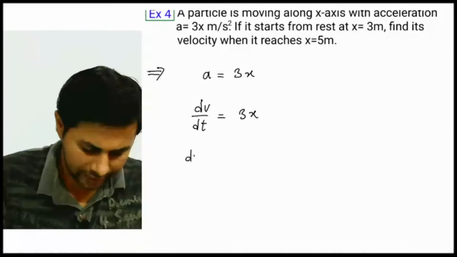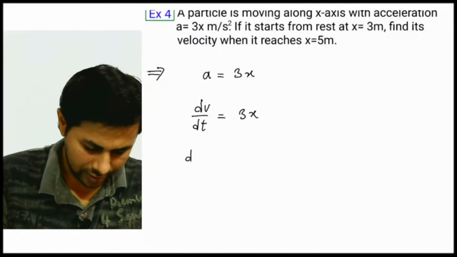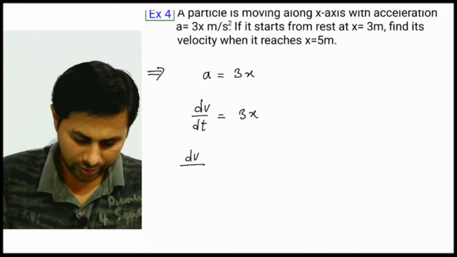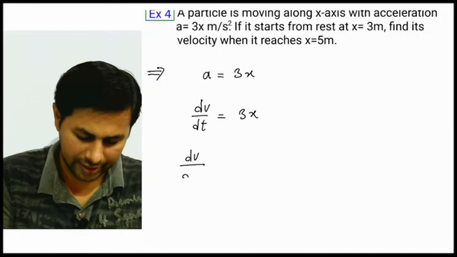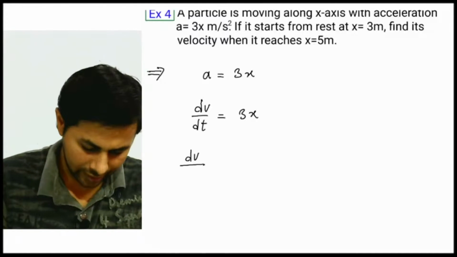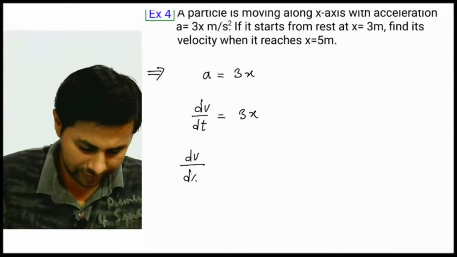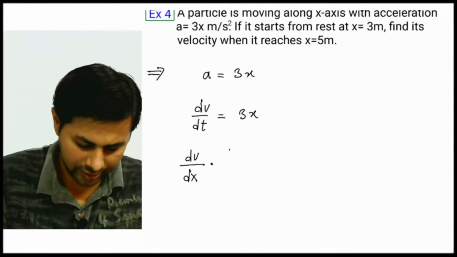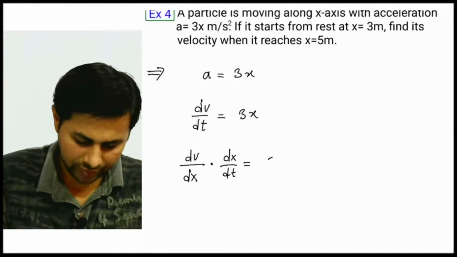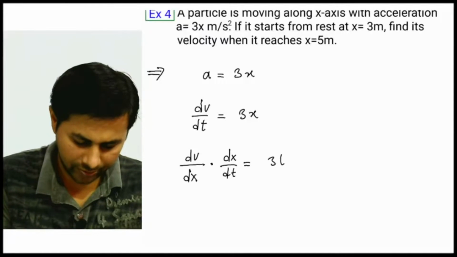And how do we do that? So for that I will multiply and divide with dx. So dv by dx times dx by dt is equal to 3 times of x.